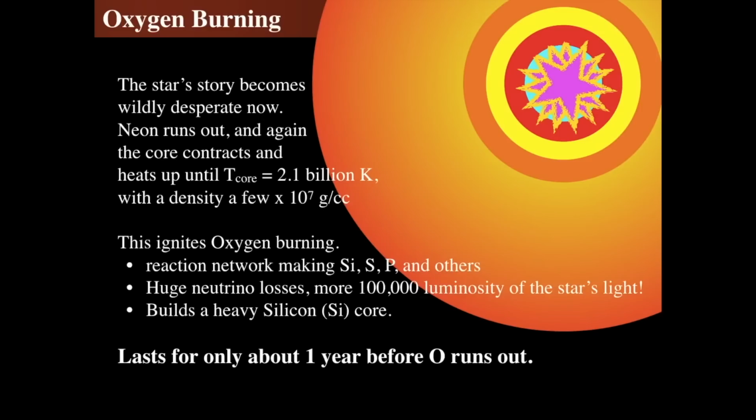So there are multiple different reaction processes happening in the star. I'm not going to talk about the s process or the r process, the slow process or the rapid process, because that gets even more complicated. But suffice it to say that in these last days, the neutrino losses are much greater, with more energy coming out in neutrinos than in light.